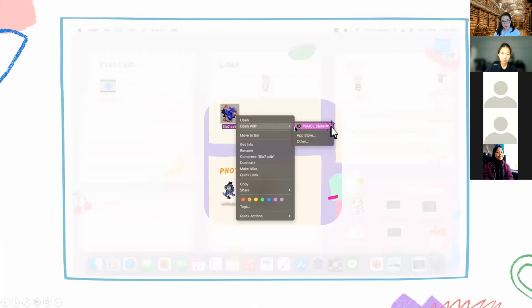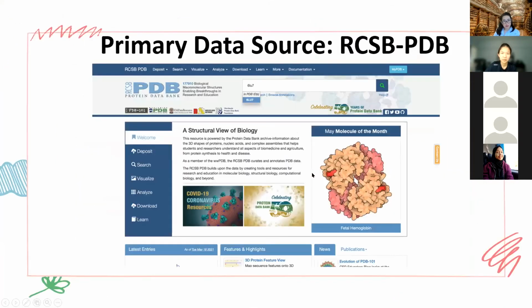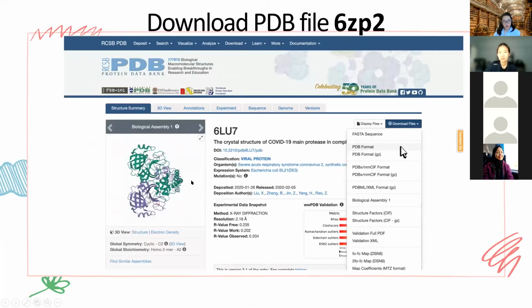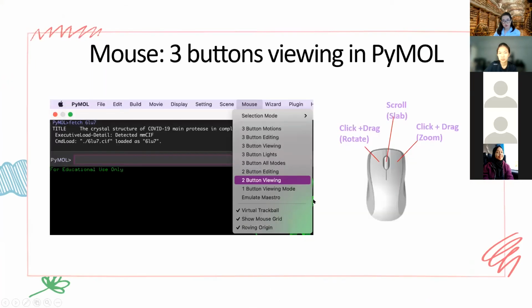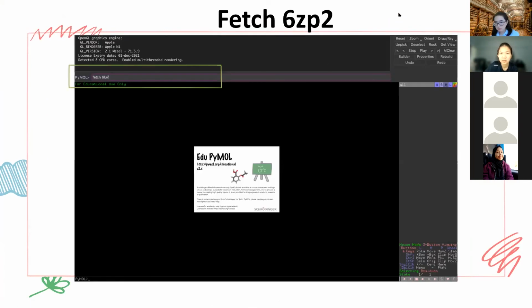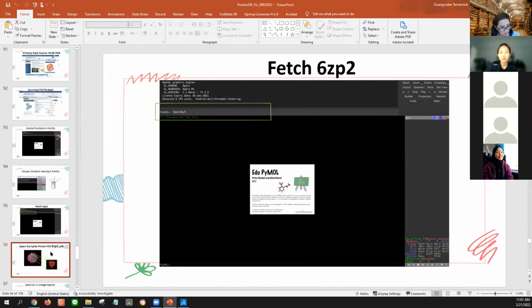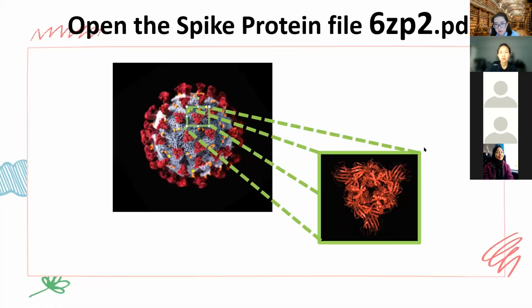So you open the file with PyMOL, and then you search the PDB code. So this one, the main protease has the heart shape, but I will focus on the structure here, 6ZP2. Can you see? 6ZP2. So you Google 6ZP2.pdb in Google, you can see this structure.